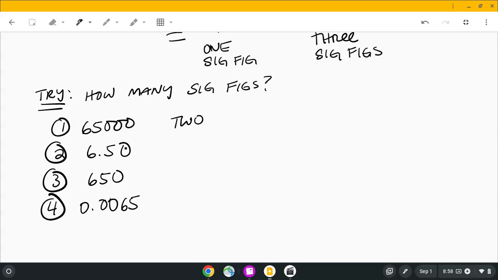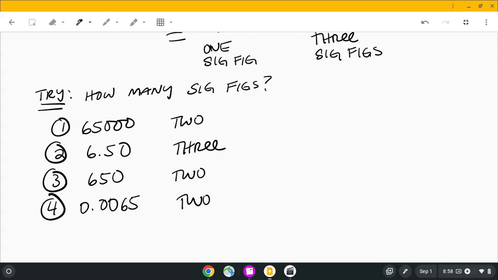So 1, 2, 3. Over here, no decimal, so trailing zero doesn't count. So 1, 2. And then over here, we have to start counting at the first non-zero number. So doesn't count, doesn't count, doesn't count. 1, 2. So this one has 2. Hopefully that makes more sense.